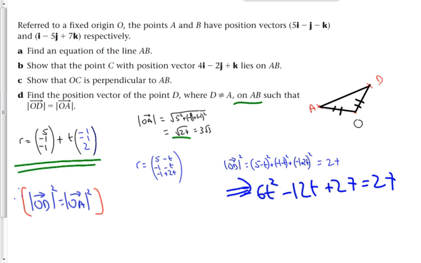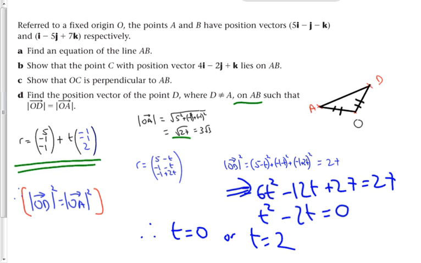If I subtract 27 from both sides and divide by 6, I get t squared minus 2t is equal to 0. And therefore, t is equal to 0, which gives us A, or t is equal to 2.